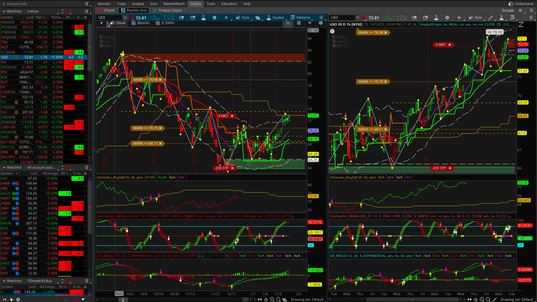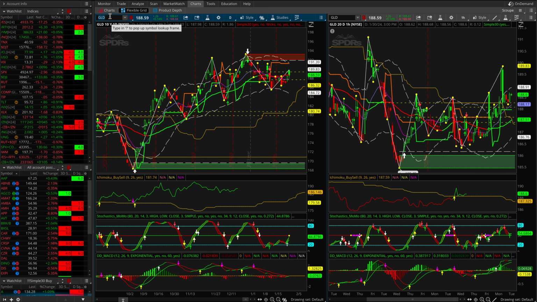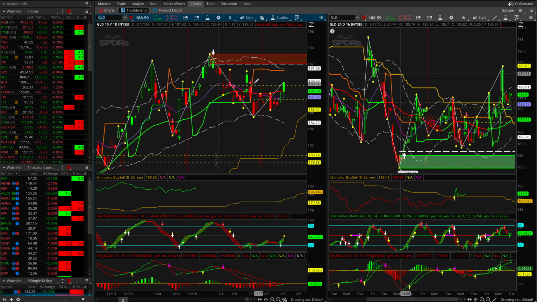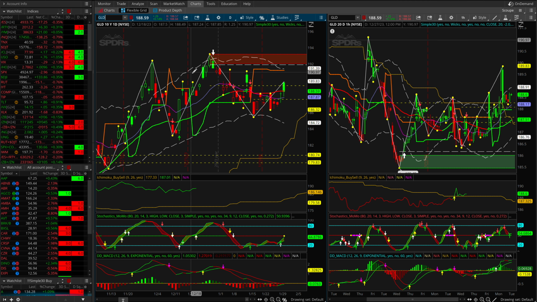And gold, just for the sake of looking at it, we were looking possibly like you could take an entry. And depending on your risk parameters, you probably could, but I don't like the pattern.